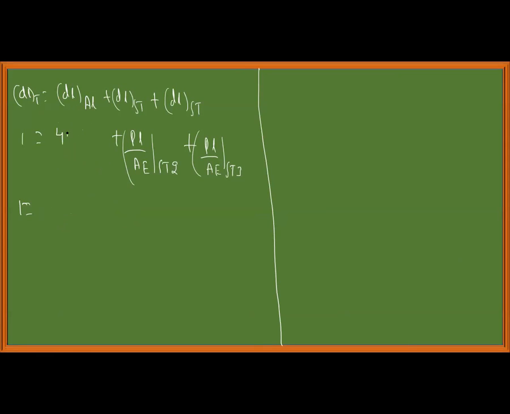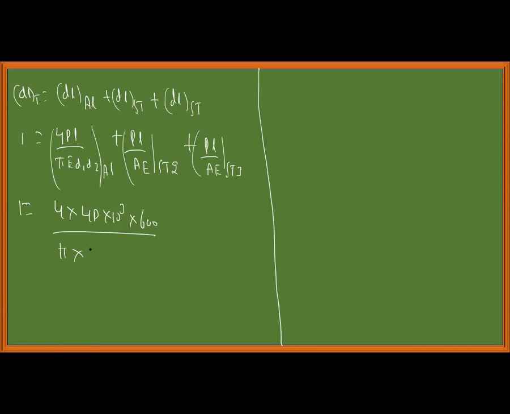It's 4PL by pi E d1 d2 for aluminum circular rod of tapering cross section, which is equal to 4 into P aluminum, 4P into 10 power 3, into length 600, by pi into Young's modulus, given in the problem for aluminum.